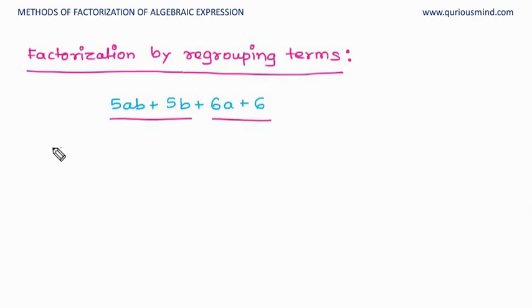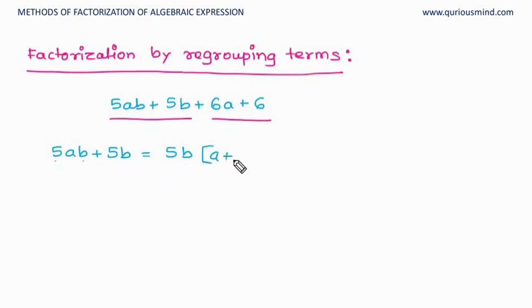And now I will factorize these two groups separately. So 5ab plus 5b. I see 5b as common, 5b here, 5b here, and in the bracket, from here it will be a, plus from here we have taken 5b out.